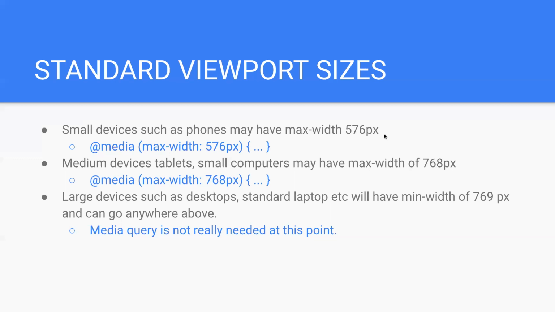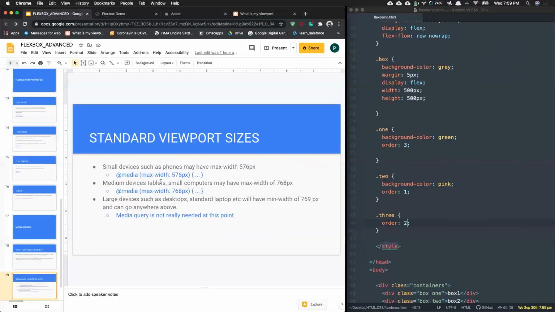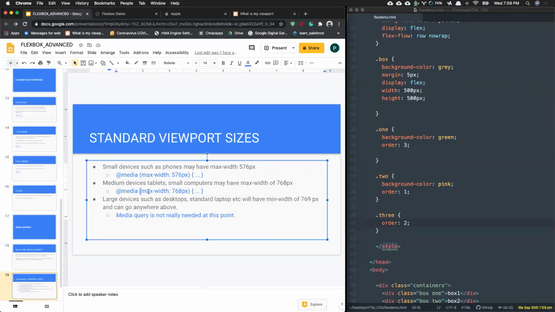Okay, and then we have medium size, your iPads, whatnot, which has a maximum width of 768 pixels. So okay, what if your website is being viewed on an iPad, right? So how does the computer distinguish? So what you do here is, max width of 768 pixels.